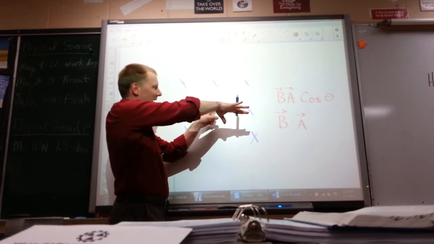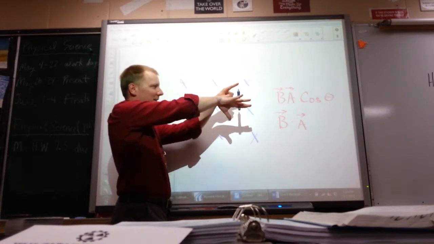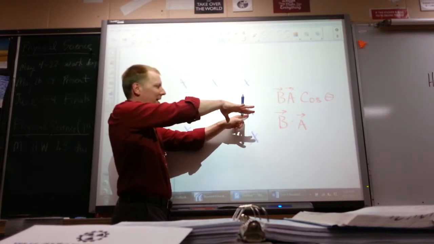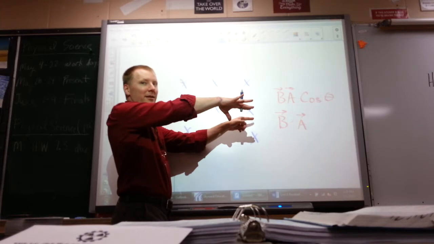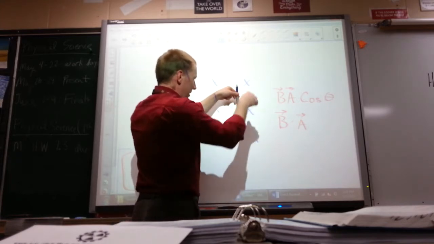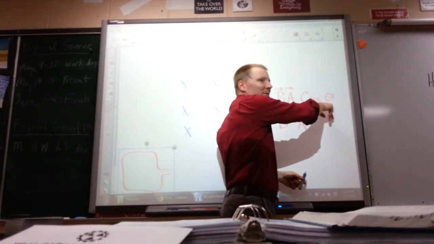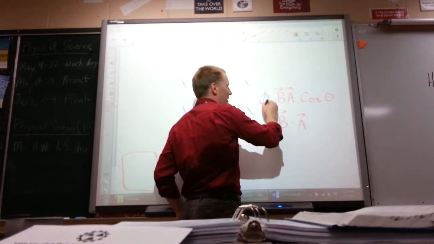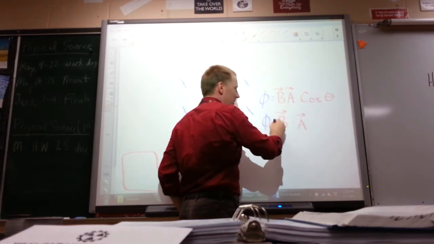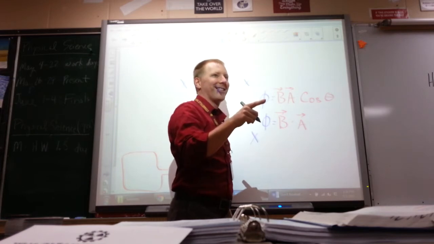What's the angle between the area vector and the magnetic field? 90 degrees, because this is up and that one's in. What's the cosine of 90? So what's the flux? 0. That's what you were saying, Carissa.